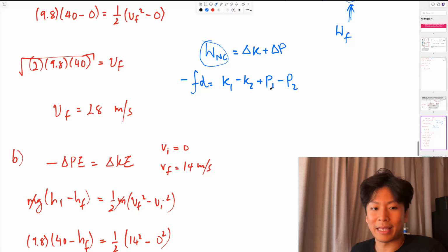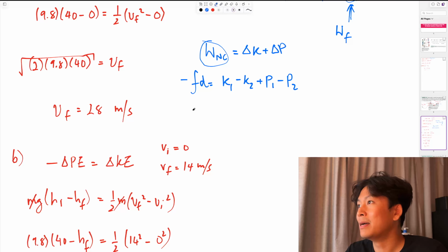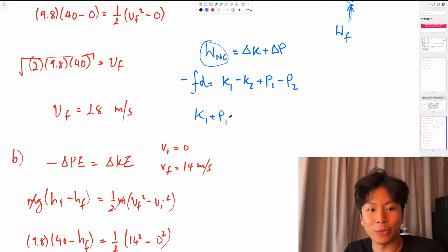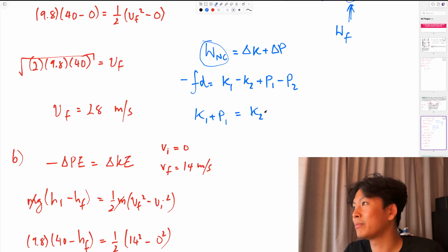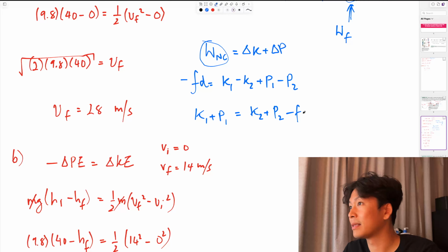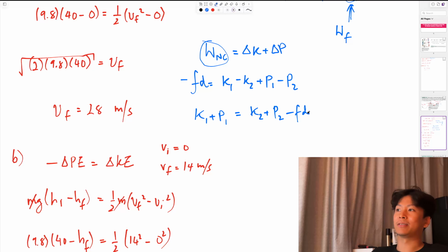And so I can then work out that my kinetic energy plus my potential energy at any point is going to equal my kinetic energy plus potential energy at any other point, minus the work done by friction, right?